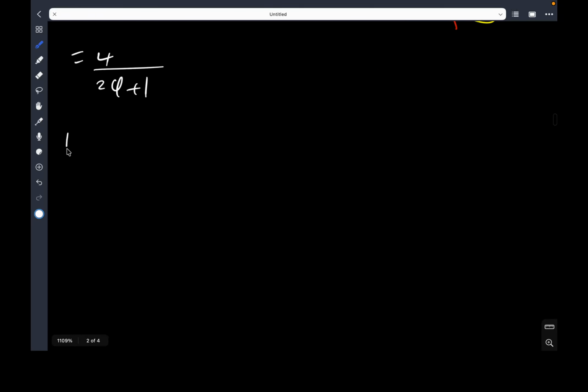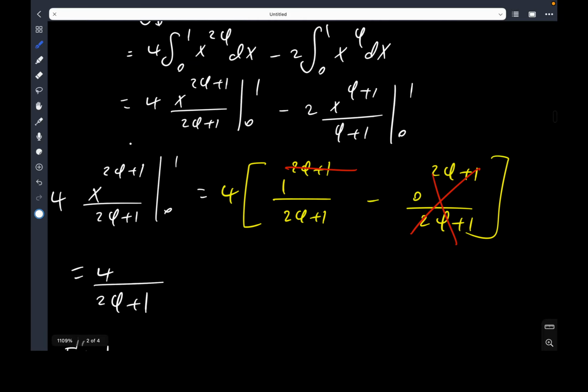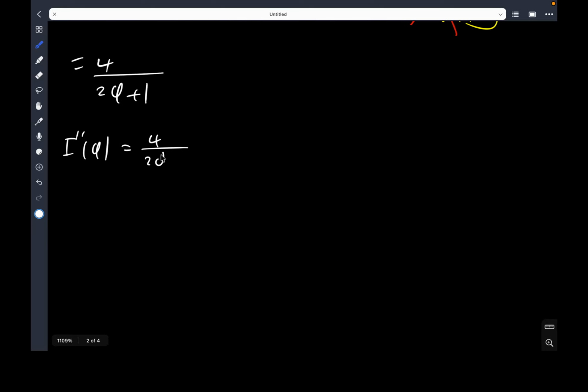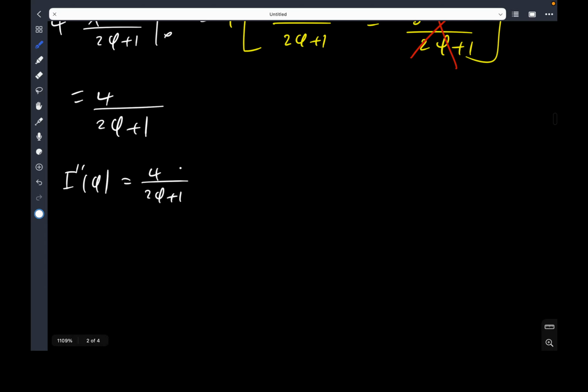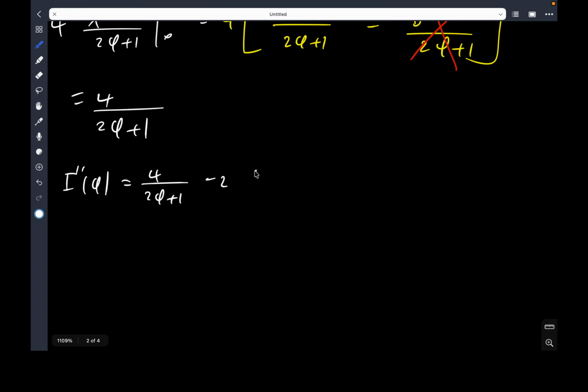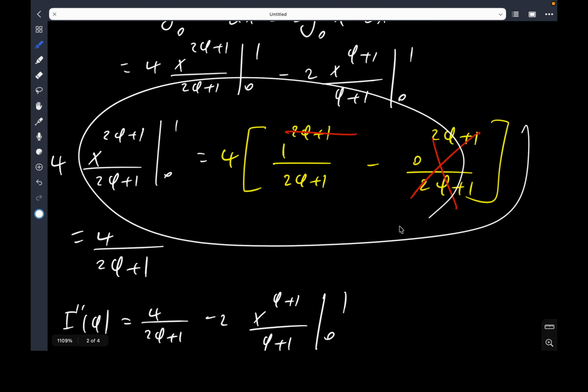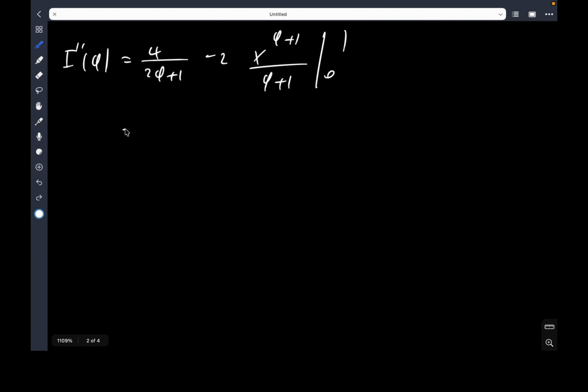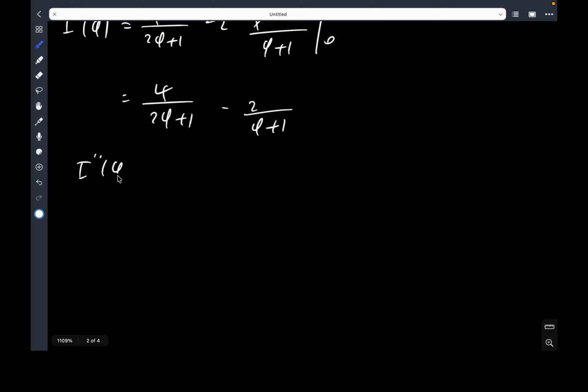I'm going to write my I double prime of phi to be equal to 4 over 2 phi plus 1 minus 2 times x to the phi plus 1 over phi plus 1, the limit from 0 to 1, and if you do the same approach here, you're going to end up with minus 2 over phi plus 1. Thus, my I double prime of phi is 4 over 2 phi plus 1 minus 2 over phi plus 1.